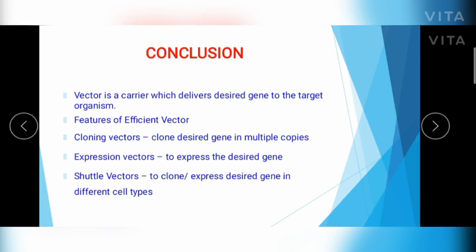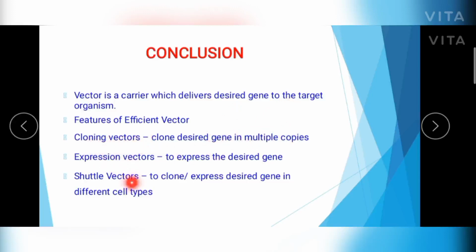So in conclusion, let's recap all the points which we have discussed. The vector is the carrier which delivers the desired gene to the target organism. In order to say that it is an efficient vector, it has to have all the features like a replicon, relaxed replicon, small size, marker genes, polylinker site, and regulatory genes in case it is an expression vector.